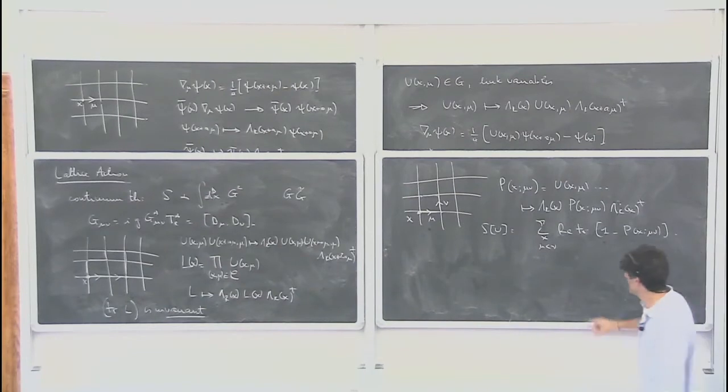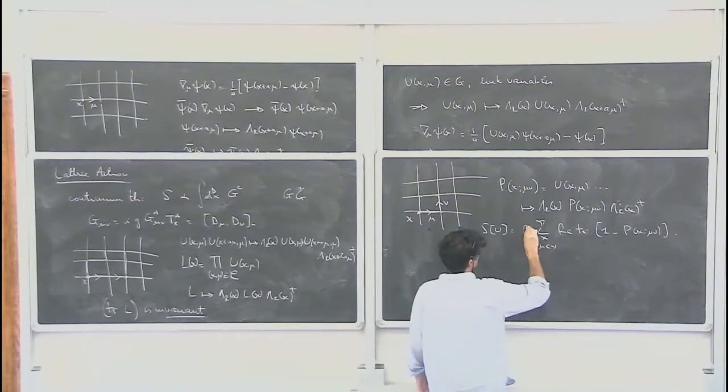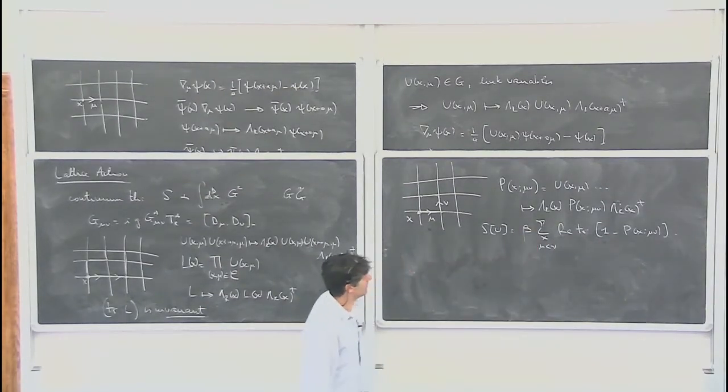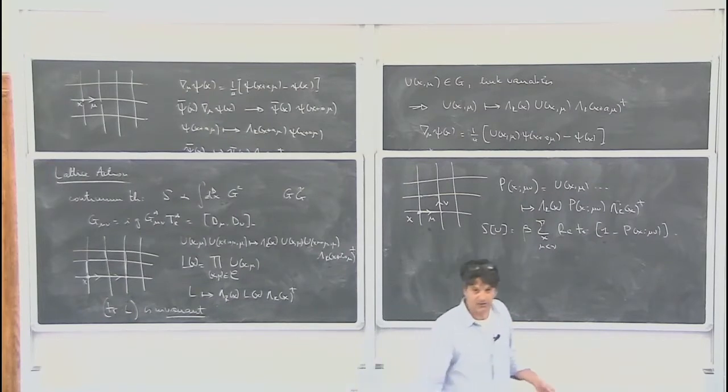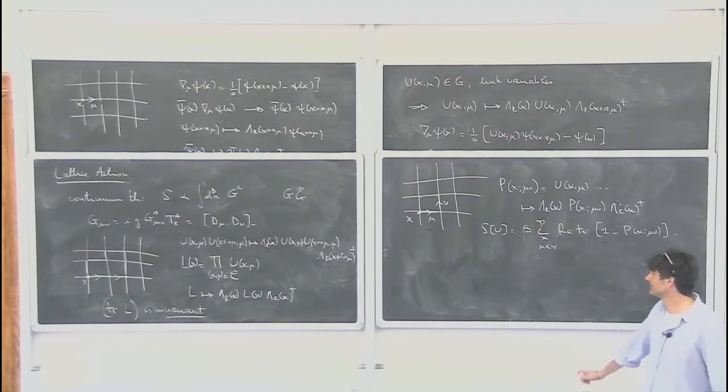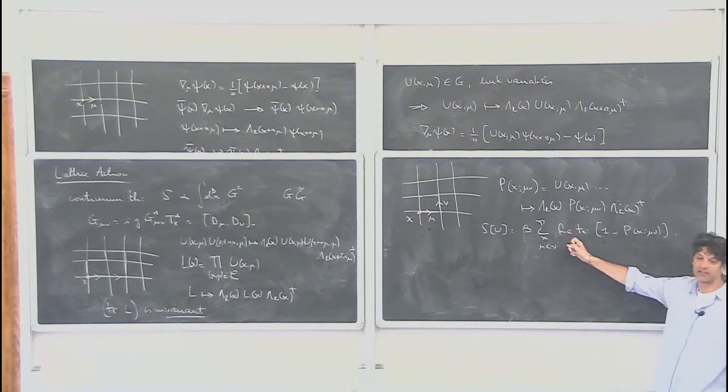And then we put a coupling in front of the action, which unfortunately is called beta. It's called beta because of the relation to statistical mechanics.